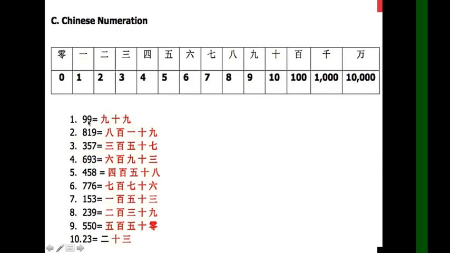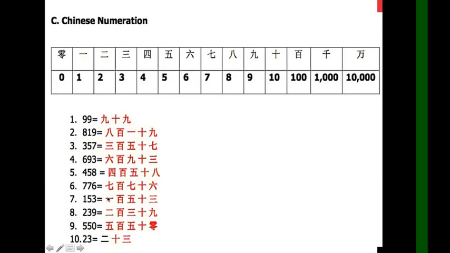We have 99, so we have 9 tens and 9. 819, we have 8 hundreds, 1 ten, and 9. 357, this is 3 hundreds, 5 tens, and 7. 693, 6 hundreds, 9 tens, 3. 458, 4 hundreds, 5 tens, 8. 776, 7 hundreds, 9 tens, 6.